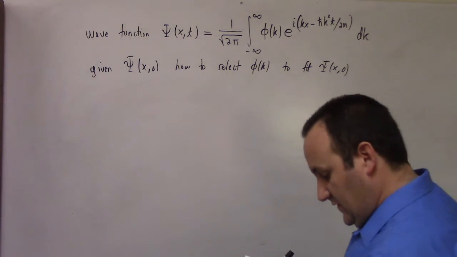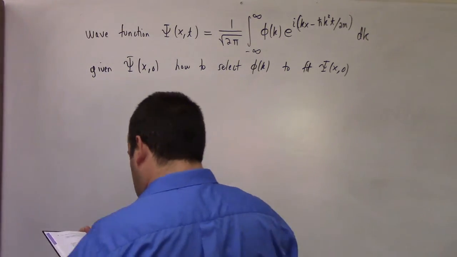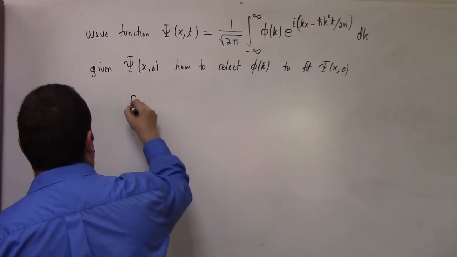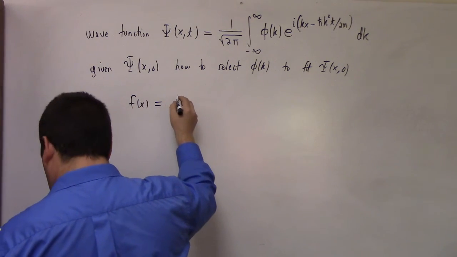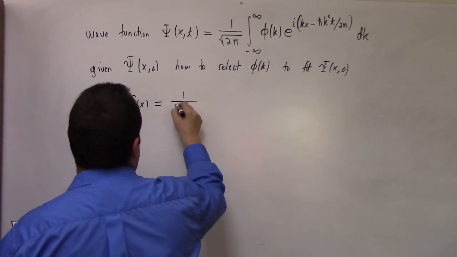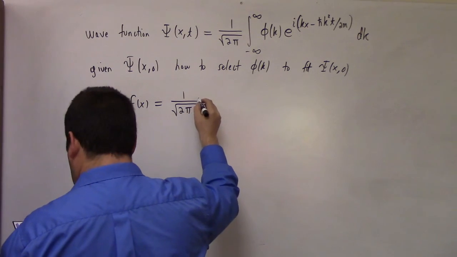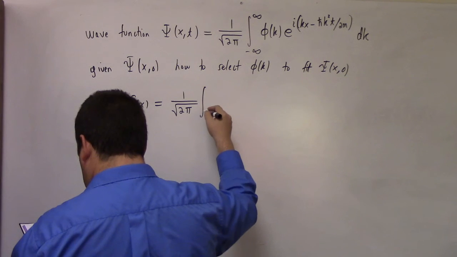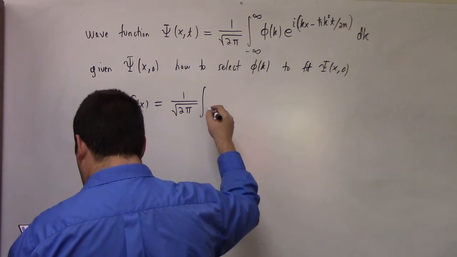So here's what he says. Plancherel's theorem, which I'm sure I'm mispronouncing, says f of x is equal to 1 over the square root of 2 pi times the integral from minus infinity to infinity of big F of k, e to the ikx, dk. We're eventually going to state the Fourier transform here.